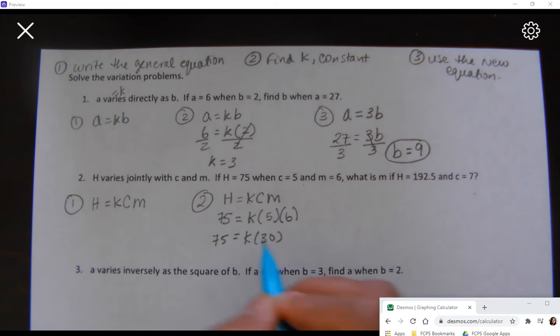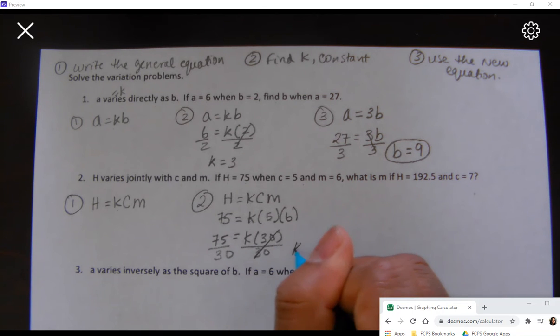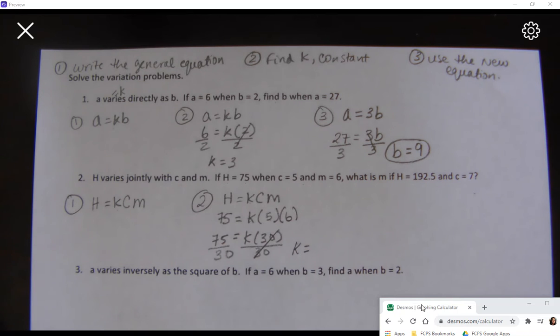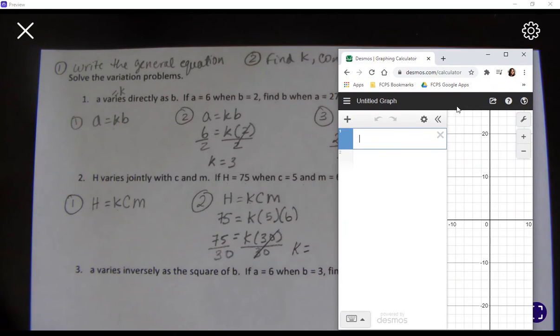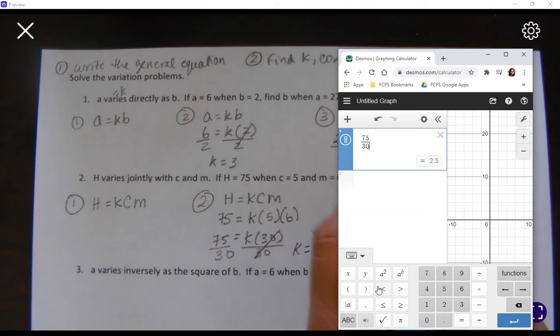Bring down the 75, and then we divide both sides by 30. So you have k equals 75 divided by 30. I'm going to put that in Desmos. 75 divided by 30 is equal to 2.5.